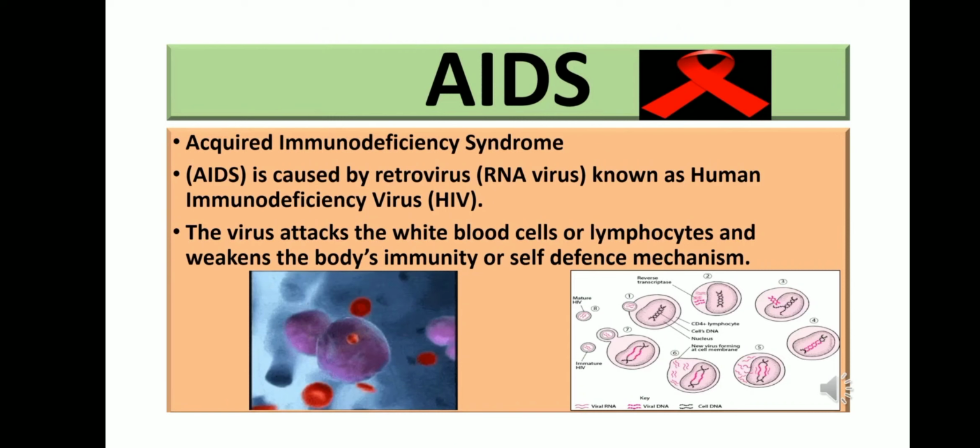The virus attacks the white blood cells, otherwise called lymphocytes, and weakens the body's immunity or self-defense mechanism. Only these white blood cells fight against the pathogen. They are completely affected by this retrovirus. That's why the person becomes incapable of fighting against pathogens.